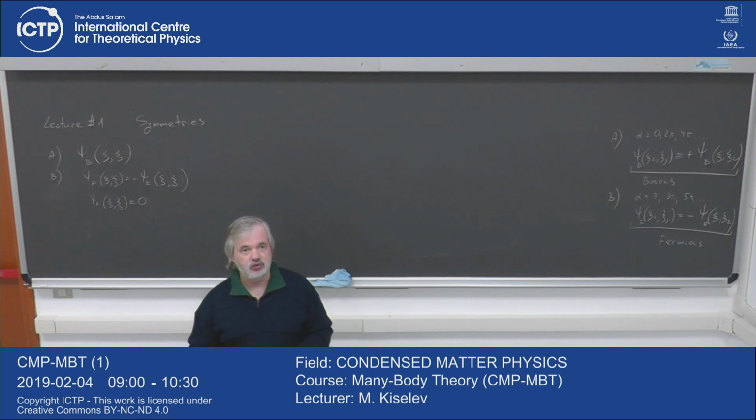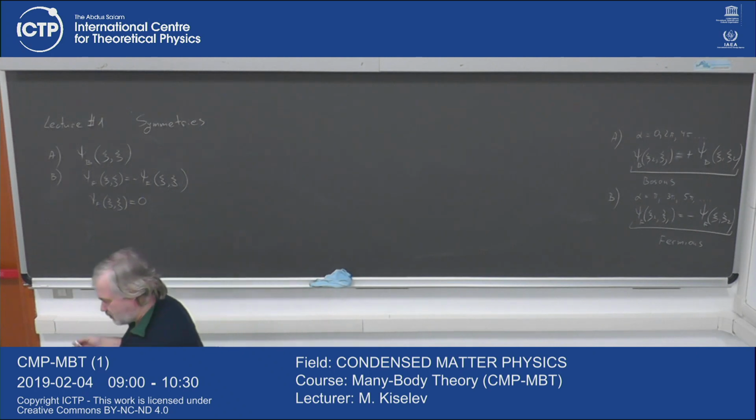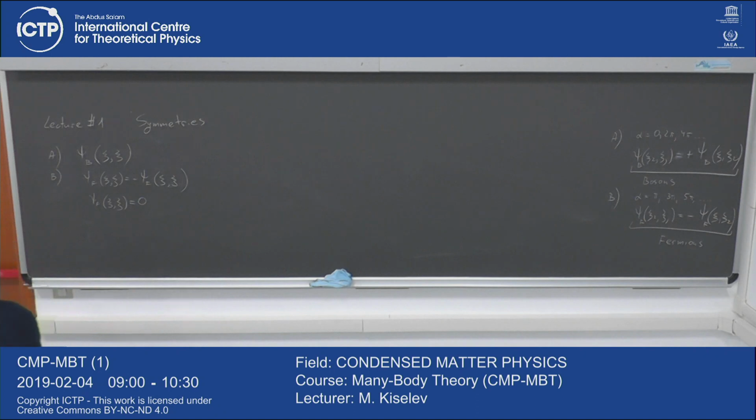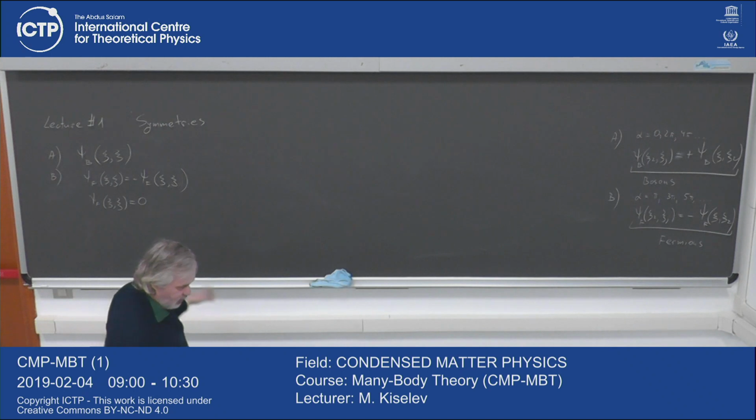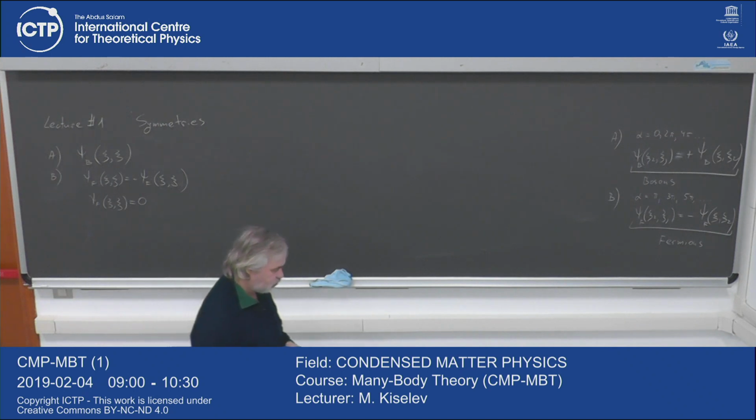If we want to come to a description of fermions, say two indistinguishable fermions, nevertheless, at least one of the quantum numbers should be different in order to have a non-zero wave function.